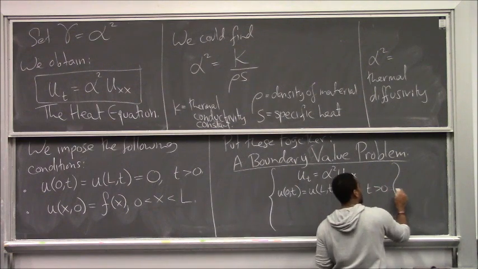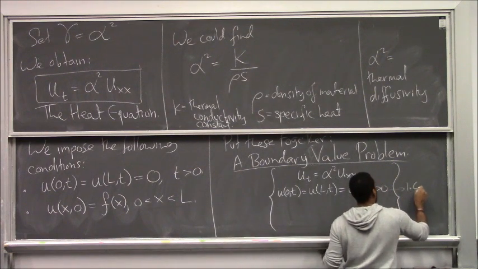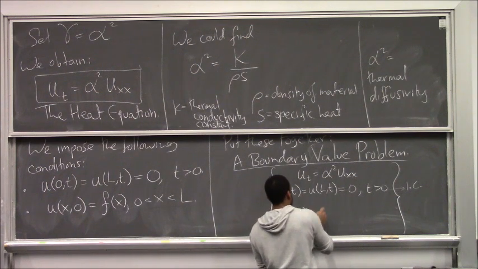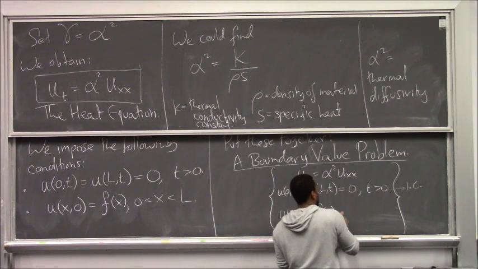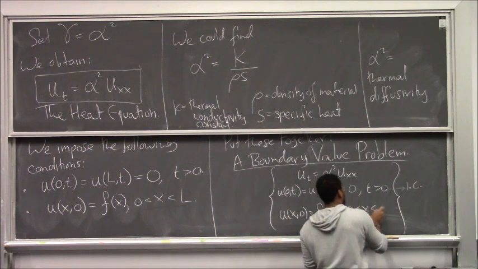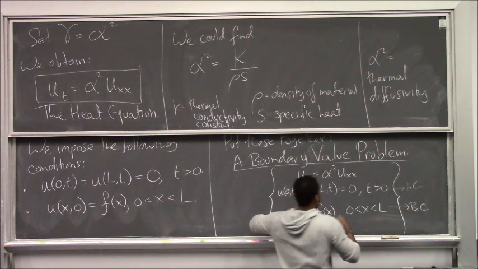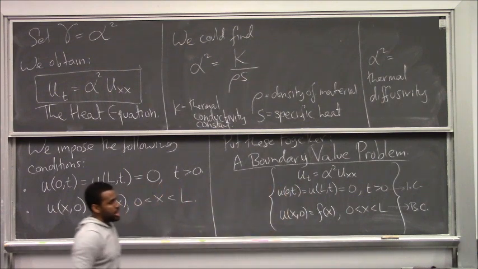This is referred to as the boundary conditions line. And u of x, 0 equals f of x for all x between 0 and L. This is called the initial conditions line. But you would be given a problem like that.